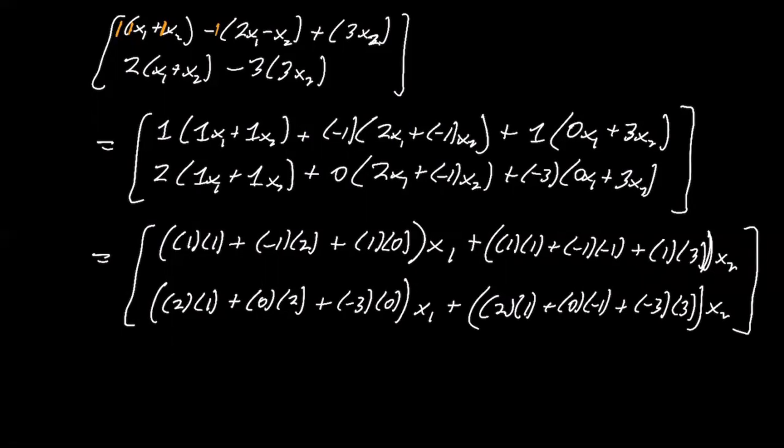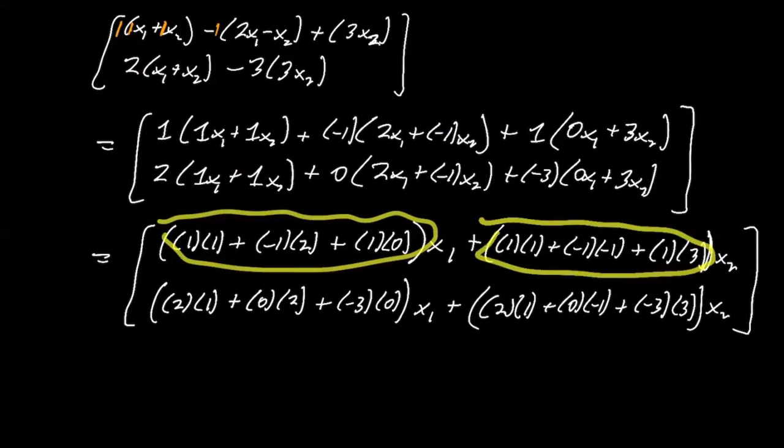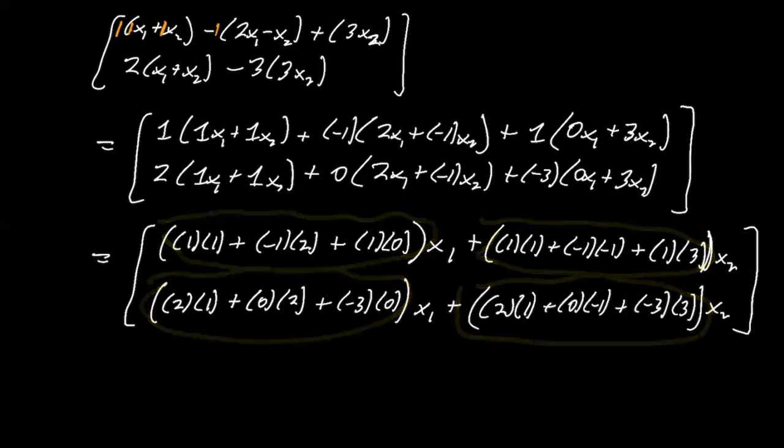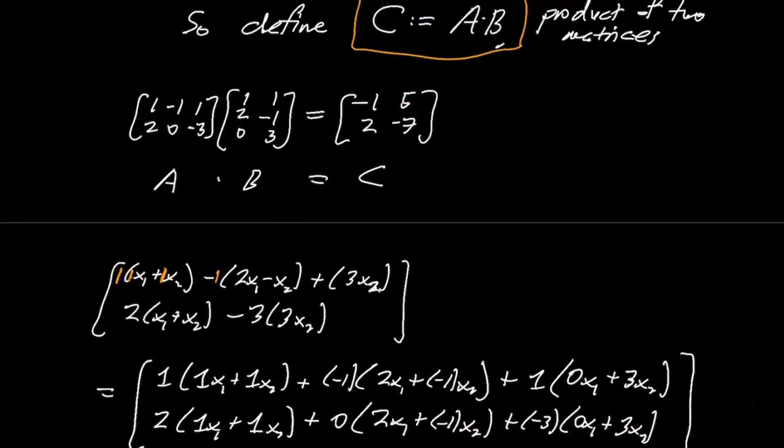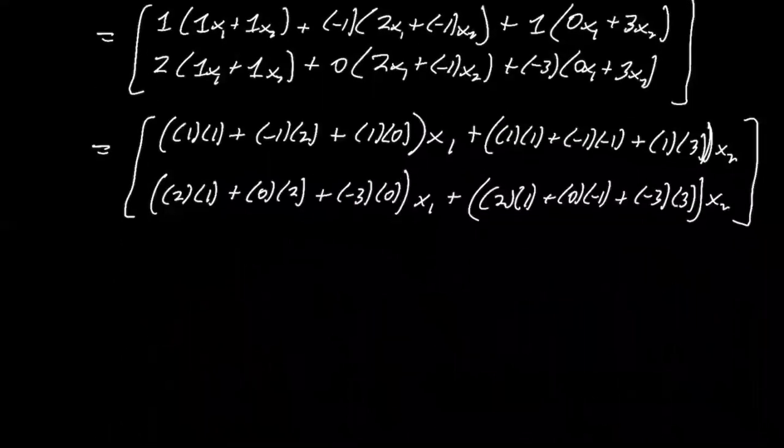Okay, so the four numbers in the matrix C were these basically, and these are all from entries in A and B, right? So let me be even more specific. Let me copy this A times B again down here.